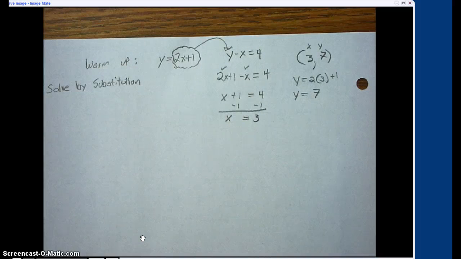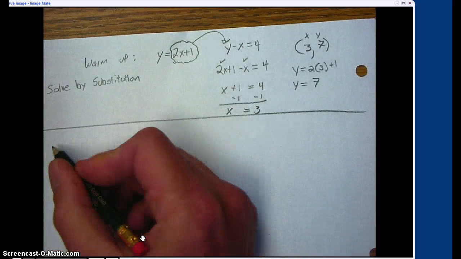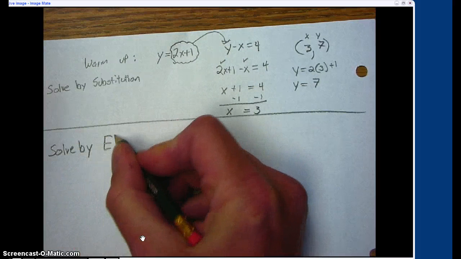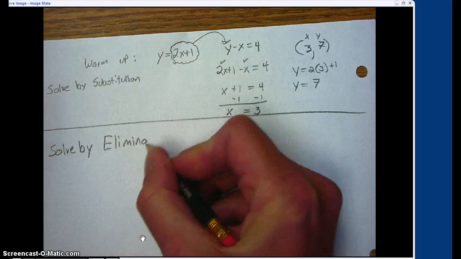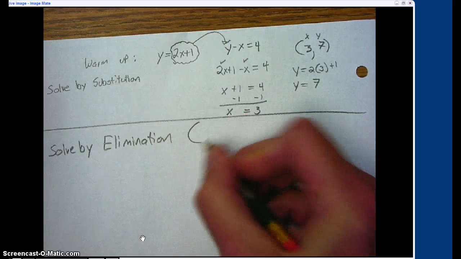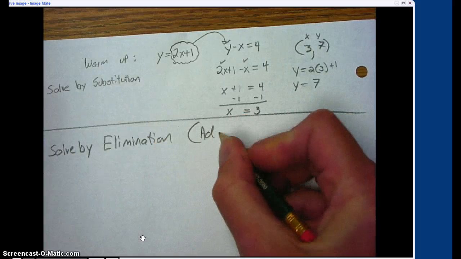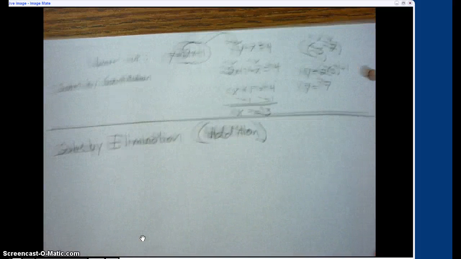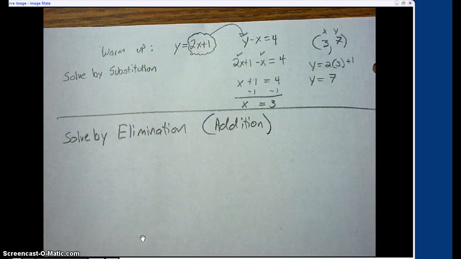So now we're going to learn a new method. Draw a line and write solve by elimination. And in parentheses write addition. Gesundheit. What does the word eliminate in math mean?